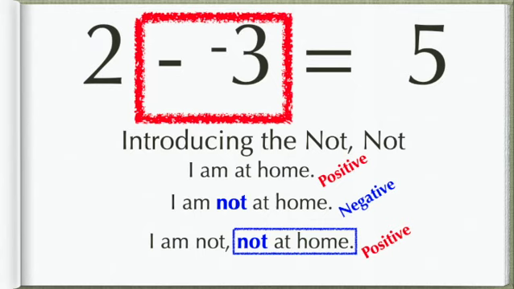Thus, if I'm not at home, which is everywhere else except home, then I am at home. So it's a double negative. And in this statement here, you have 2 minus -3. That's like 2 minus the opposite of 3, or not subtracting 3. It's two negatives right next to each other, which negates it.